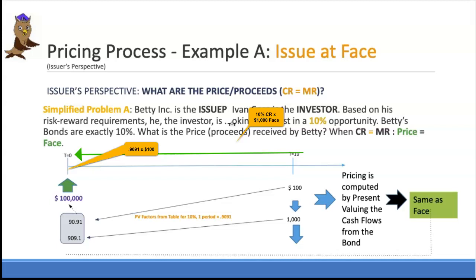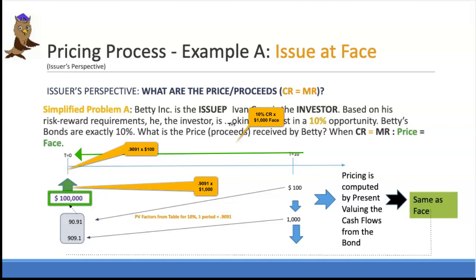Now the PV of the return of the face has a PV factor of 0.9091, the same one as before, since it is the same time period, at 10%, 1 period, times the cash flow of $1,000. This results in $909.10.